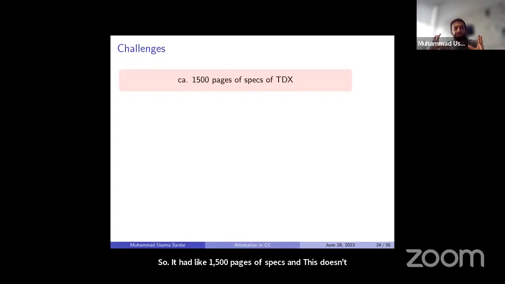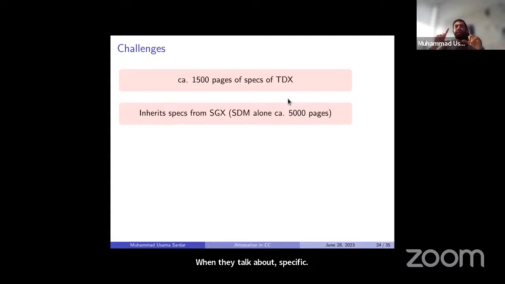But many of the things were interrelated, and we had to go through a lot of these specs in order to find out what exactly Intel means when they talk about a specific thing. As you see in the diagram, we have 6 entities, so it's not just a specific attestation protocol itself, but a holistic view starting from the provisioning up to the attestation protocol.